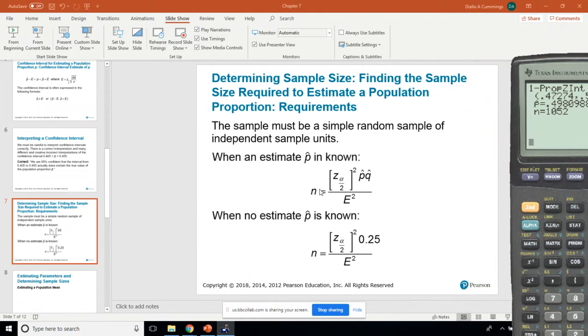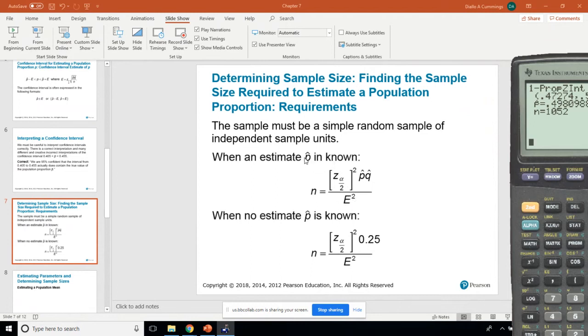We would use the first formula, so keep in mind n would be the sample size for our random sample. n would equal Z alpha over 2 squared times p hat times q hat divided by E, the margin of error, squared.